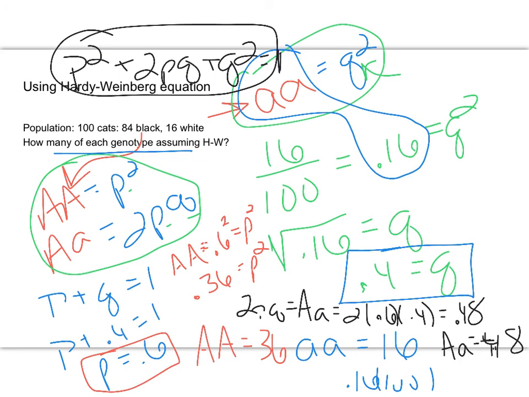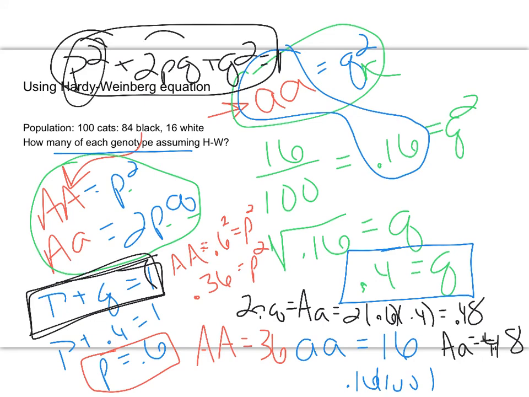You'll plug things in more to this p plus q equals 1 equation, and then you'll just calculate p squared and then 2pq. Okay? But very, very rarely will you plug something into that bigger, longer, complicated equation there. Okay? So we'll look at some more examples of this.